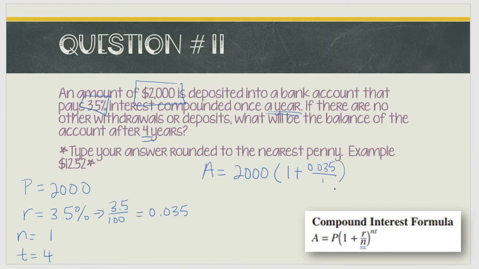So we'll just get in the habit of using that. And this is the formula that you're going to see on the EOC. So you'll see those N values in there. And then we go ahead and we raise it to the N times T. So my N was 1 and my T is 4. And now I have an equation here that I can evaluate.